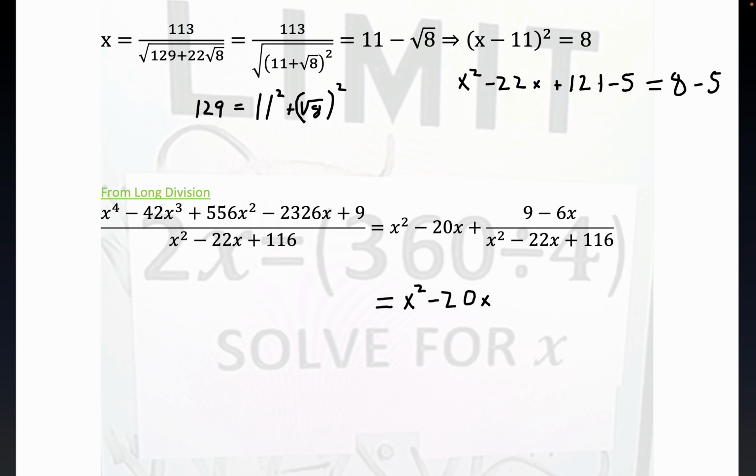Let me just write this expression down: plus 9 minus 6x over 3. You see, this right here, x squared minus 22x plus 116, if you subtract 5, you get that, and 8 minus 5 is the 3 that you see right here. That's pretty cool, isn't it?